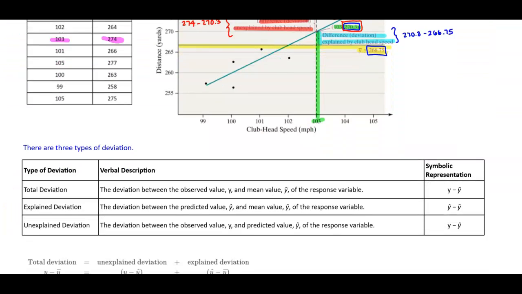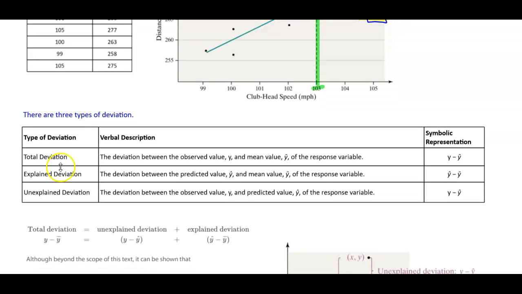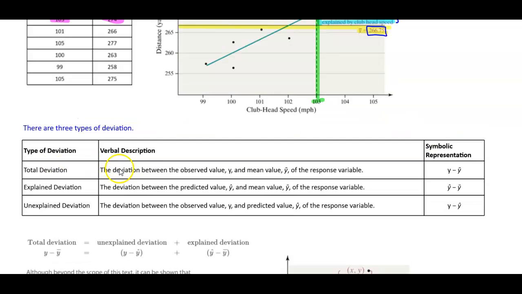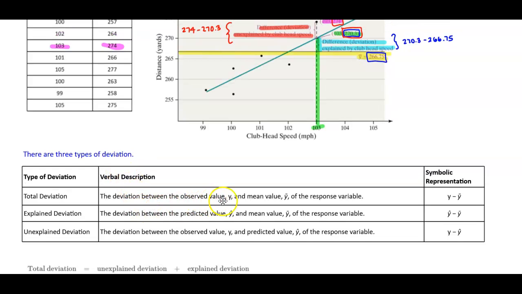Now, here are the three types of deviation: the type of deviation, the verbal description, and the symbolic representation. The total deviation is the deviation between the observed value y and the mean y value of the response variable.